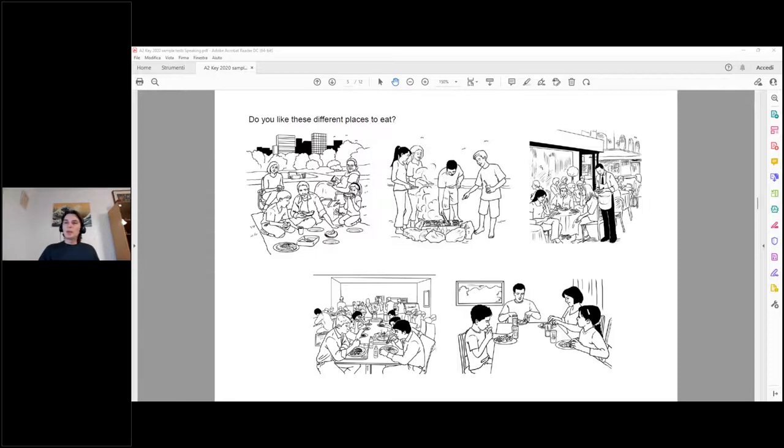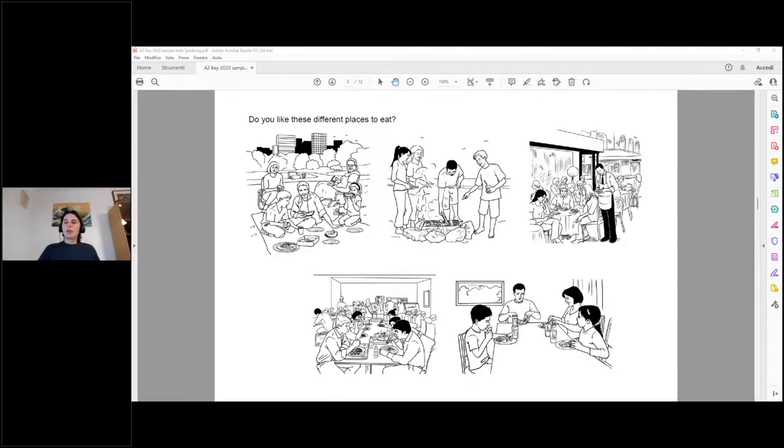Okay, this was my question for you, students. Do you like these different places to eat? You tell me yes or no, and why or why not.